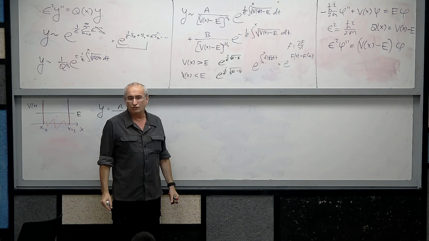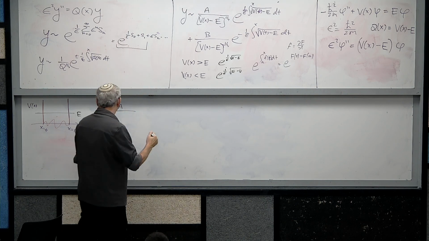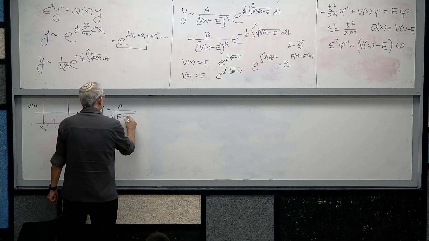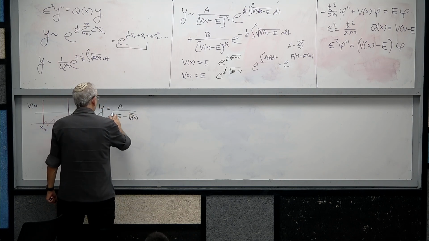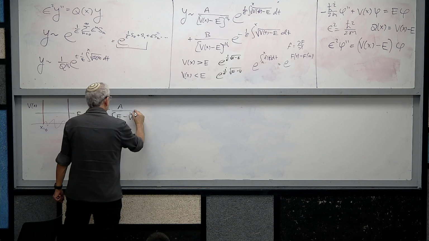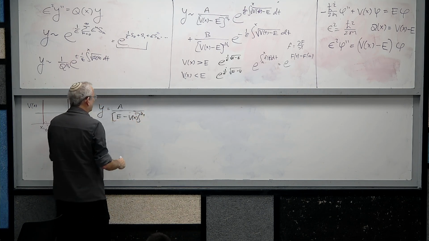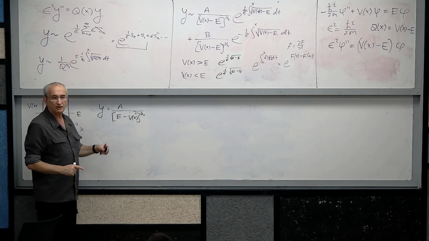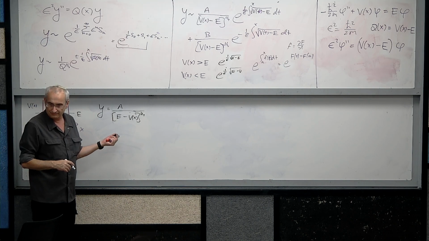Now, should I change anything here? Yes, not so much. I will write y equals a divided by the square root of E minus V, which is positive, to the power of 1/4. Now we are saying, well, I should have here also minus 1 to the power of 1/4, but I don't care because the minus 1 to the power of 1/4 may be absorbed into a.